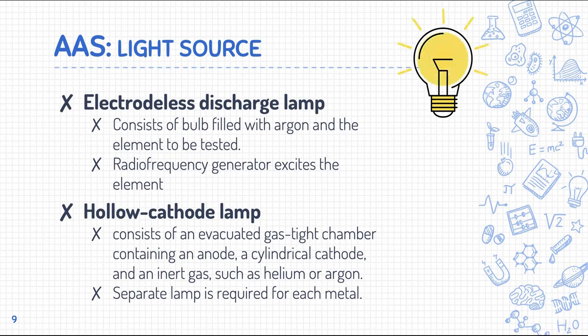On the other hand, we also have your electrodeless discharge lamp. The manner is very much similar to your hollow cathode lamp. The only difference between the two is that it doesn't have a cathode or an anode. What we have is a radio frequency generator.